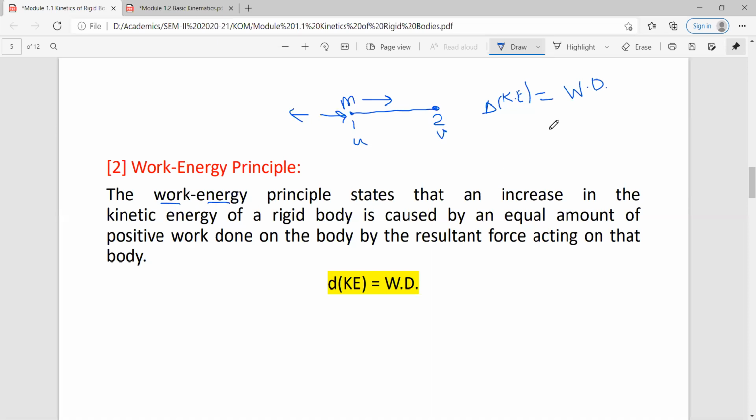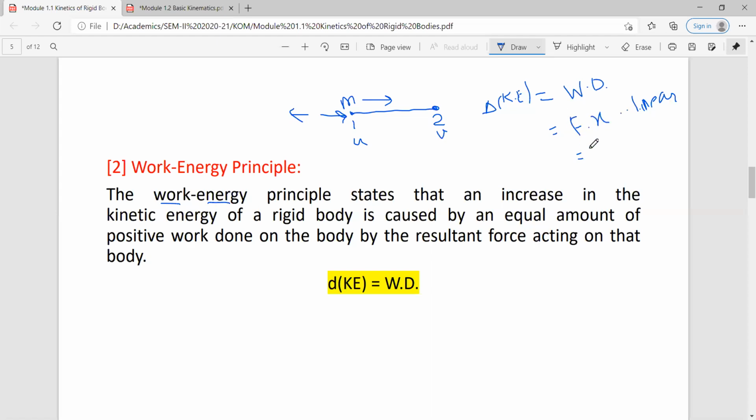Work done, you know how we calculate it: with the help of force into distance, F into x, in case of linear motion. But in case of angular motion, you have to take the corresponding parameters.